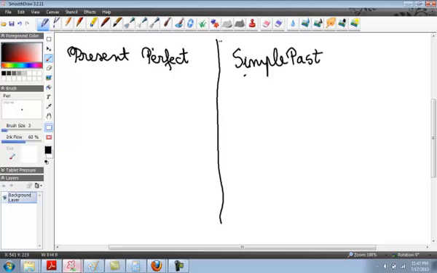What differences do we have between those two? Well, for example, usually present perfect expresses unfinished actions.